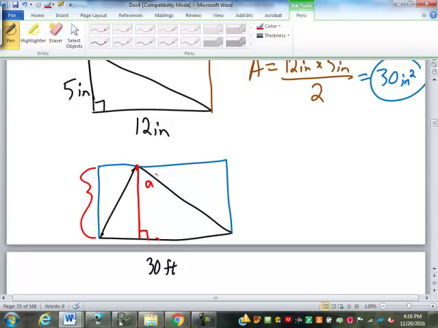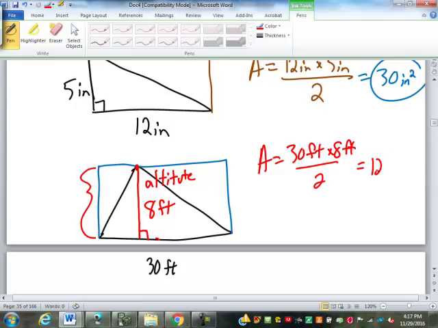That's referred to as an altitude or a height, the height of the triangle. And let's say that that is 8 feet. Well, this triangle is still half of that related rectangle. So its area is 30 feet times 8 feet divided by 2, which is going to give us 120 feet squared.